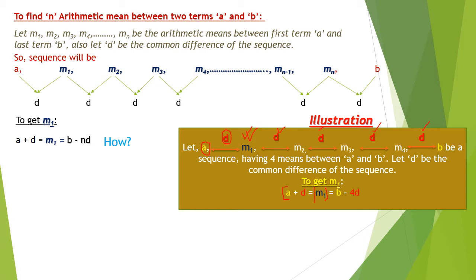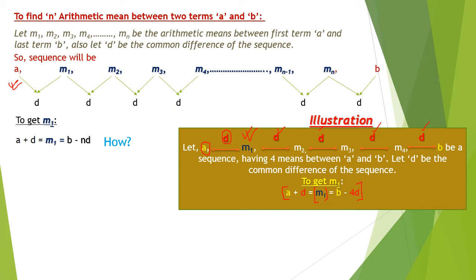So if there are 4 arithmetic means between any 2 terms of an arithmetic series, then to get the first mean from the last side we have to subtract the number of means times d. In our derivation, there are n arithmetic means between a and b.